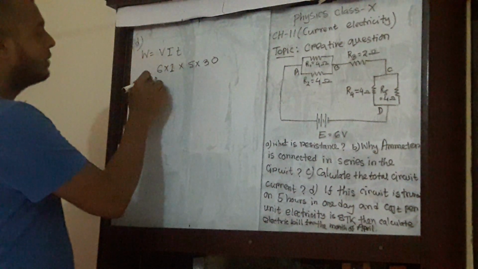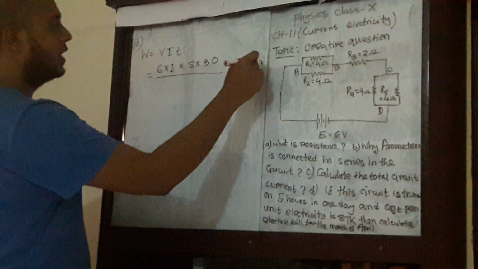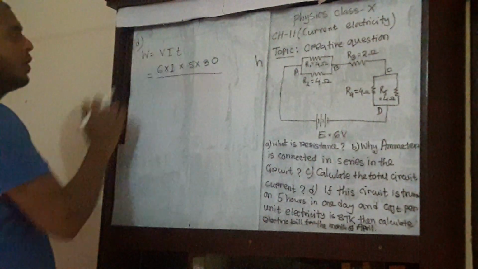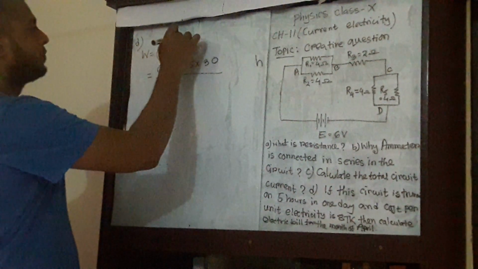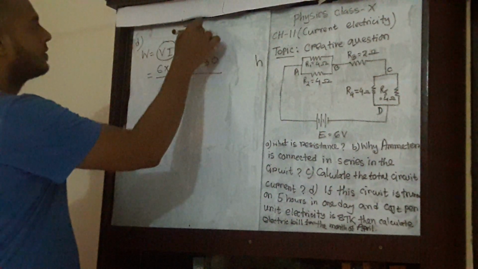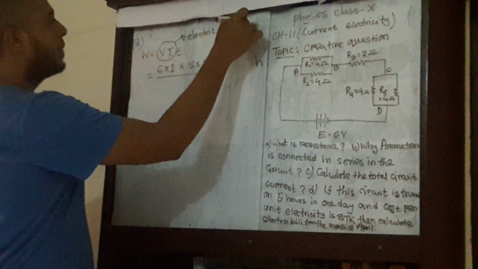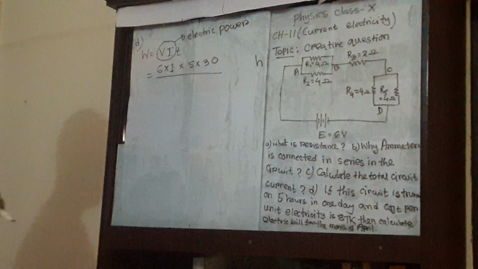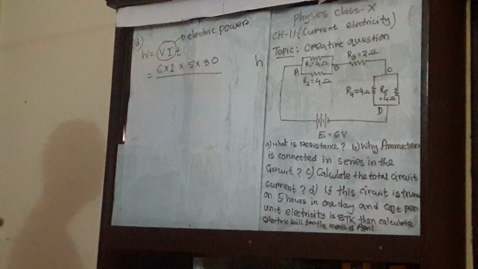Then, boys and girls, the time is converted into hours, and I need to convert the power. This function V into I is known as electric power. Electric power must be converted into kilowatt to find the electric work done in terms of electric bill, or electric unit, or kilowatt hour.